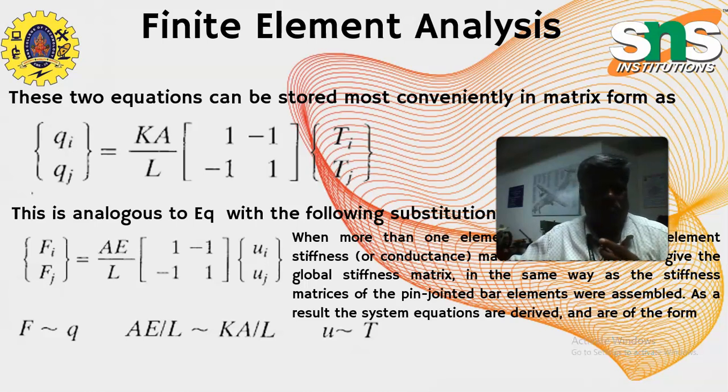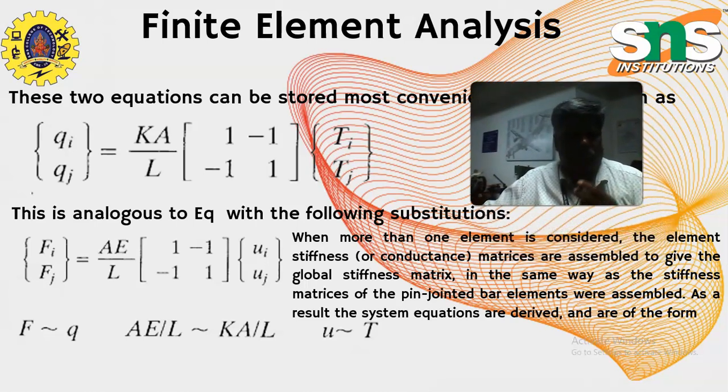This is analogous to the equation with the following substitutions. This equation indicates the structural one-dimensional problem, the system of FEA equations: force vector F, stiffness matrix K, and Ui and Uj, the displacement vector at nodal points 1 and 2.